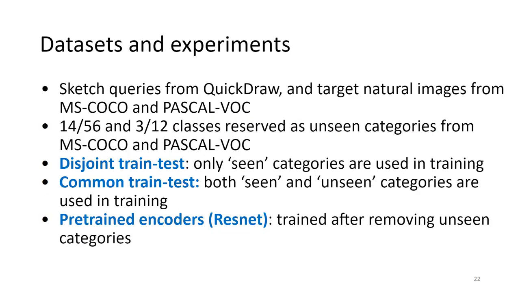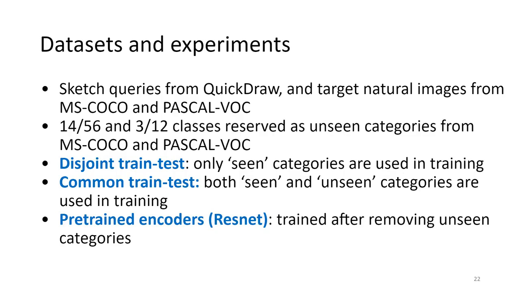In our experiments, sketches from QuickDraw are used as queries, and the natural images from MS COCO and Pascal VOC are used as targets. 14 out of 56 common classes between QuickDraw and MS COCO are reserved as unseen categories. Similarly, for Pascal VOC, 3 out of 12 common categories are reserved as unseen.